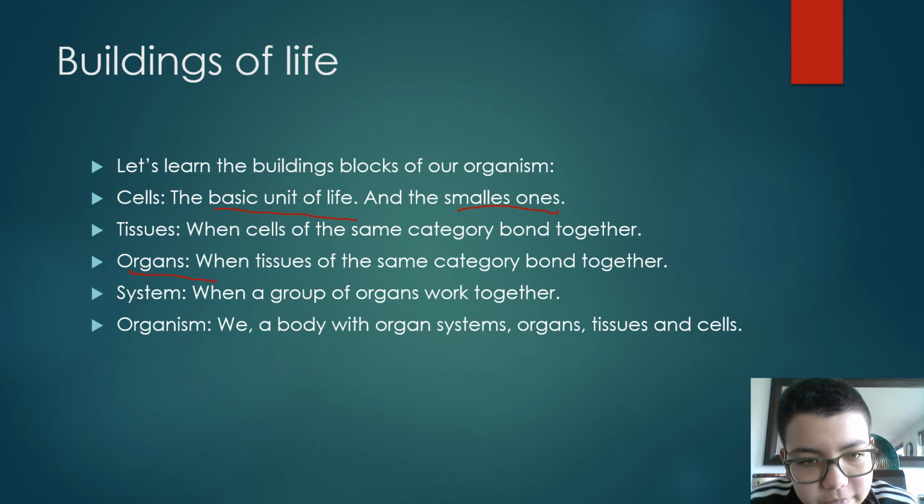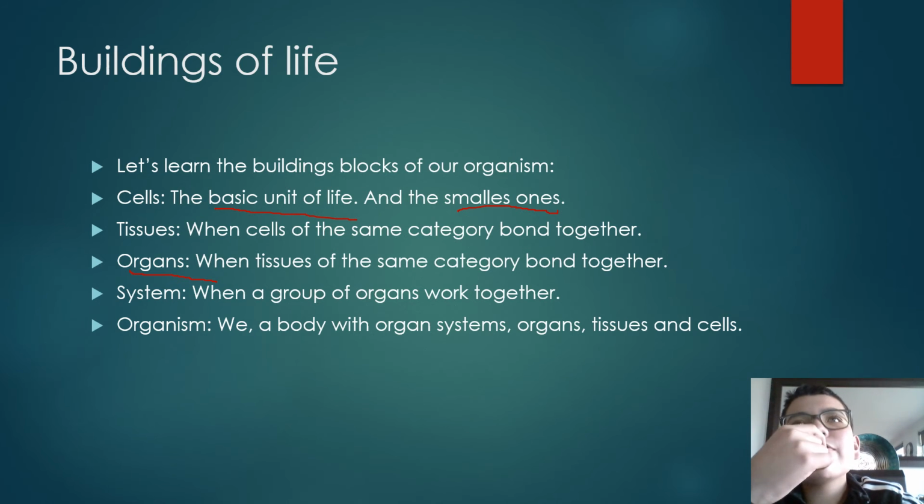Remember that. A system, like the respiratory system and the circulatory system, is an example of a system. A group of organs work together to make our organism do an important job, like eating.